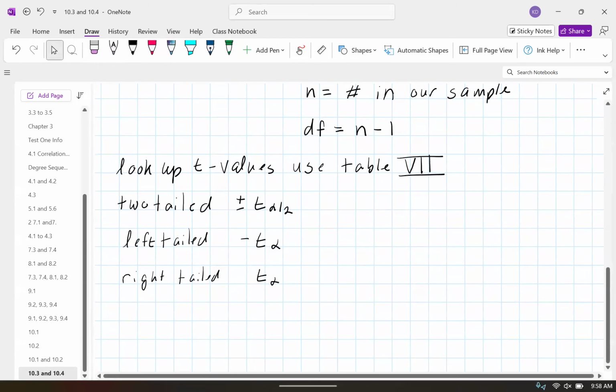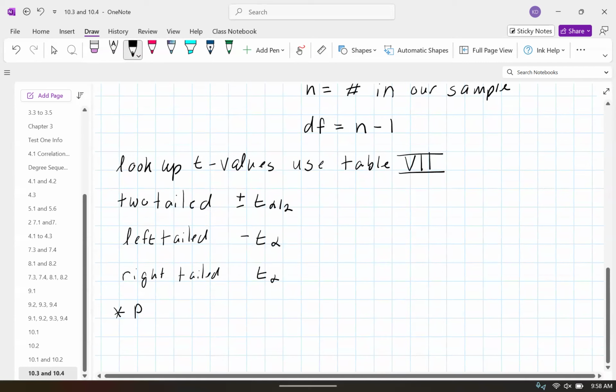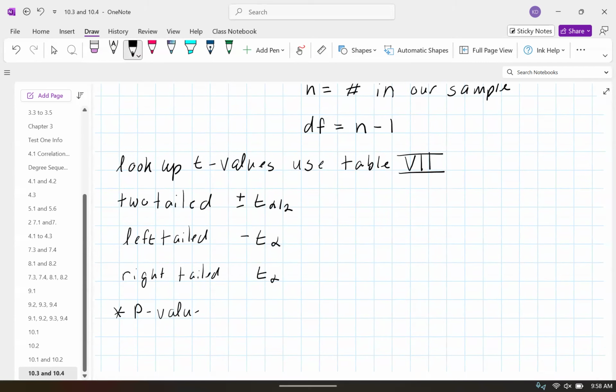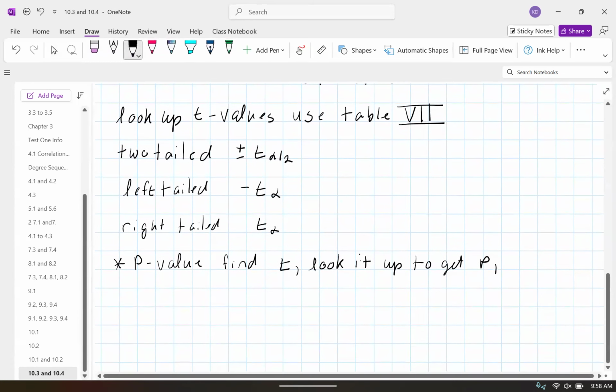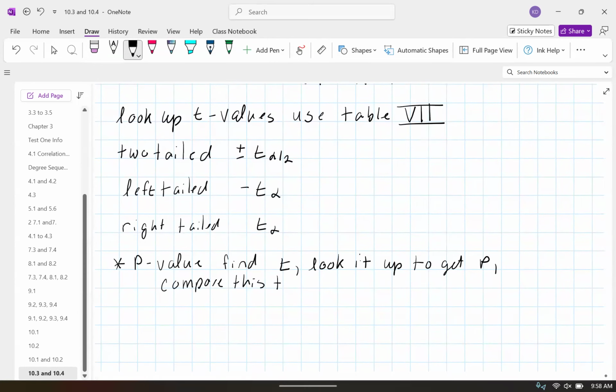And then for your P value, look up your T value on the chart, compare that to your alpha or alpha over 2.